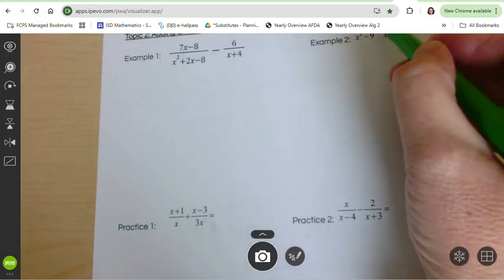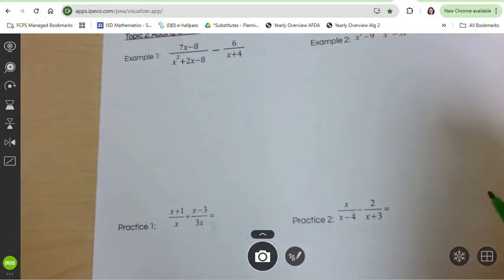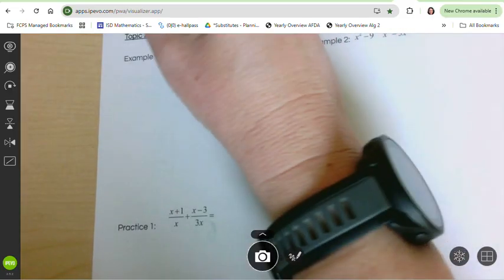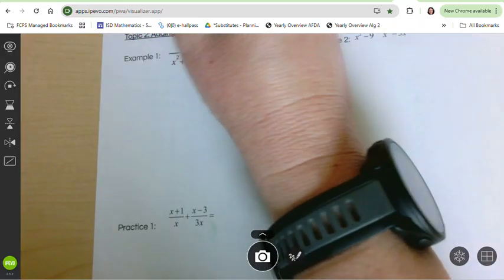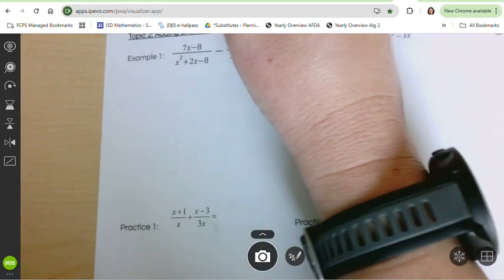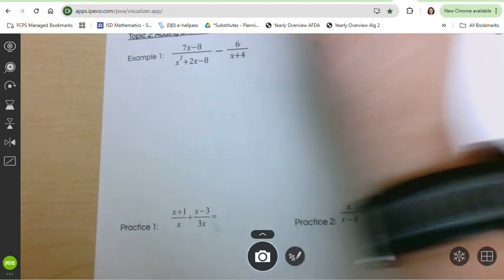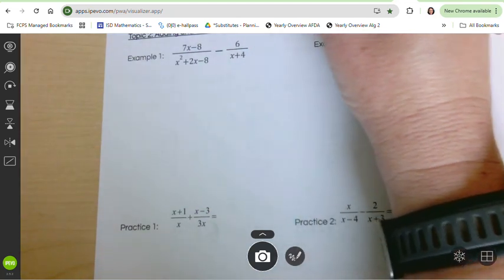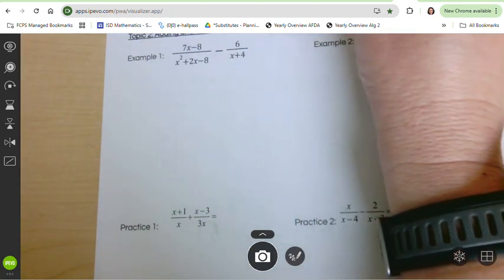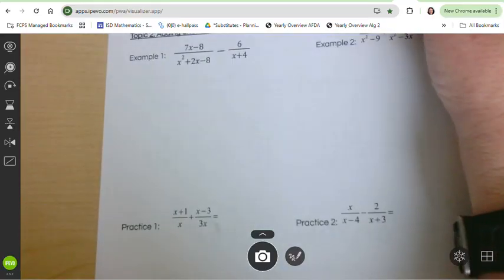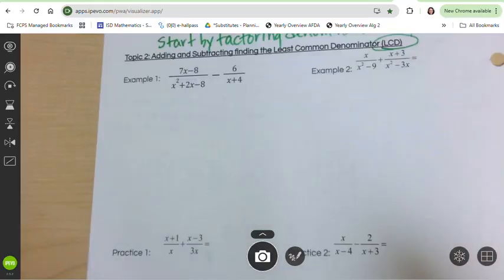In order to find the least common denominator, you need to start by factoring denominators. Just denominators, okay? Start by factoring denominators only. Oh, can't see any of those words.